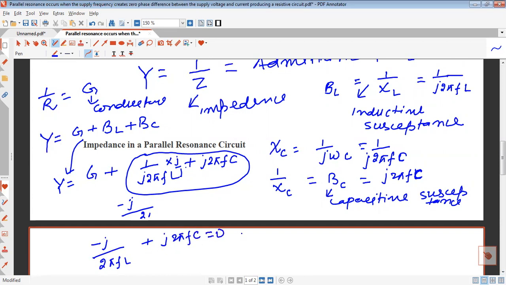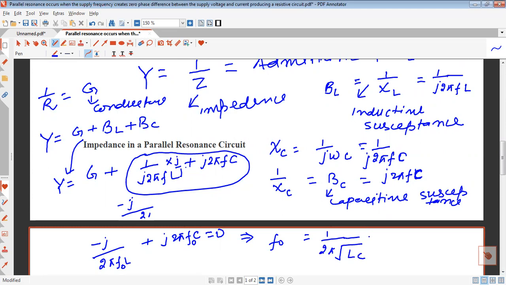From this equation we get the frequency f naught equal to 1 by 2 pi under root LC.